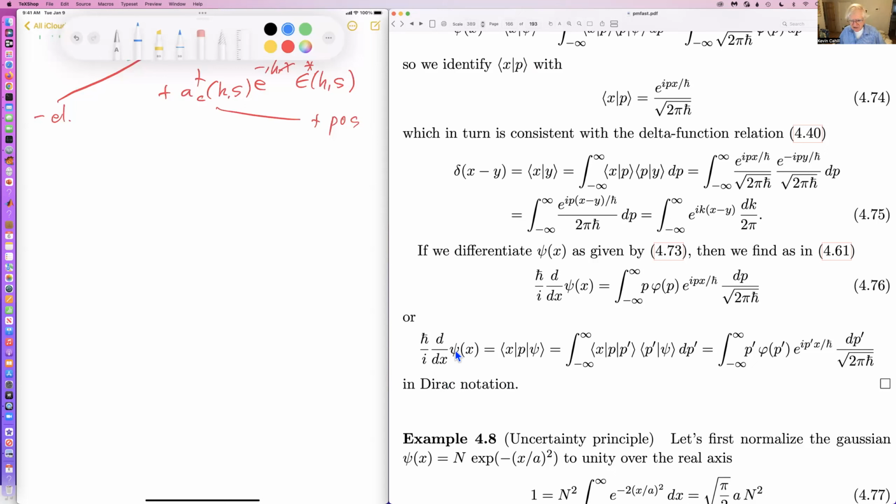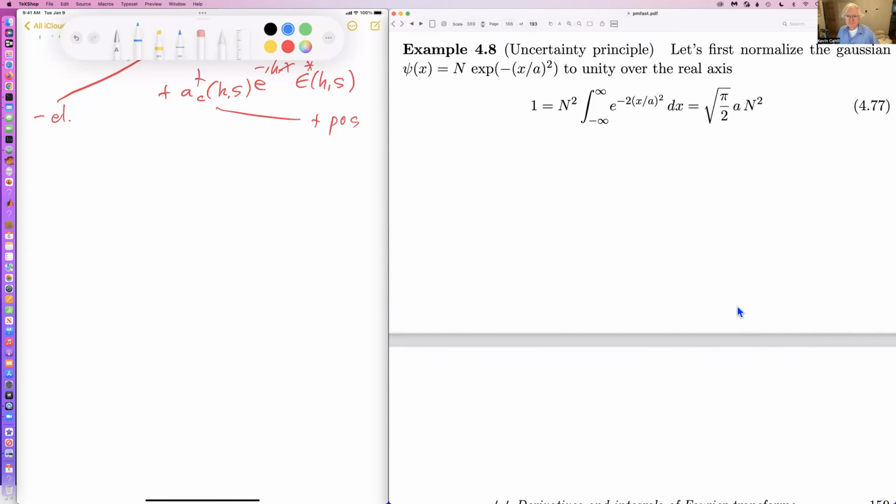H bar over i d by dx of psi is p, the operator in between the two states, x and psi. Putting in another identity operator, p prime is an eigenstate of p with eigenvalue p prime. And so we're left with x p prime, which is this phase factor over the square root, and p prime psi, which is phi of p prime. So that's how these things work together.